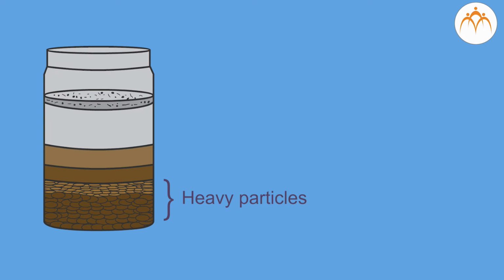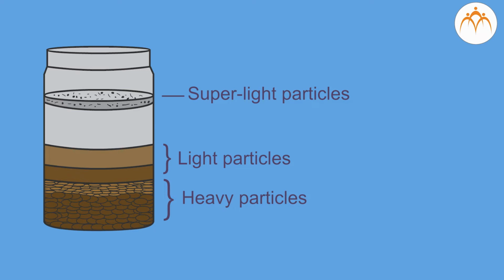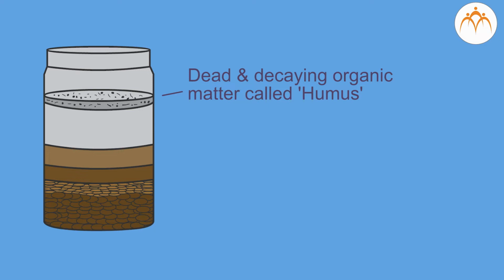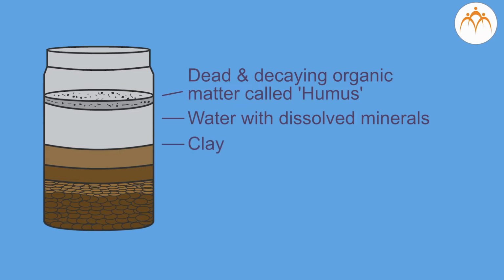Heavy particles settle at the bottom and lighter particles above it, and the superlight particles float on water. The topmost layer is dead decaying organic matter floating on water. This is called humus. Below this is a layer of water with the dissolved minerals. Below the water, there are layers of clay, sand, gravel and stones.